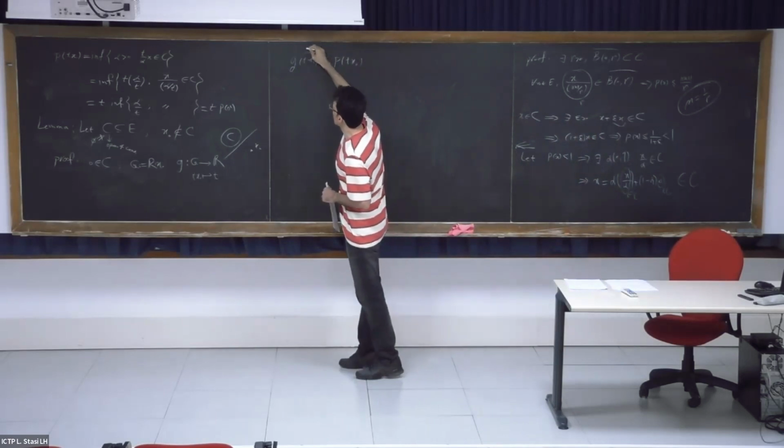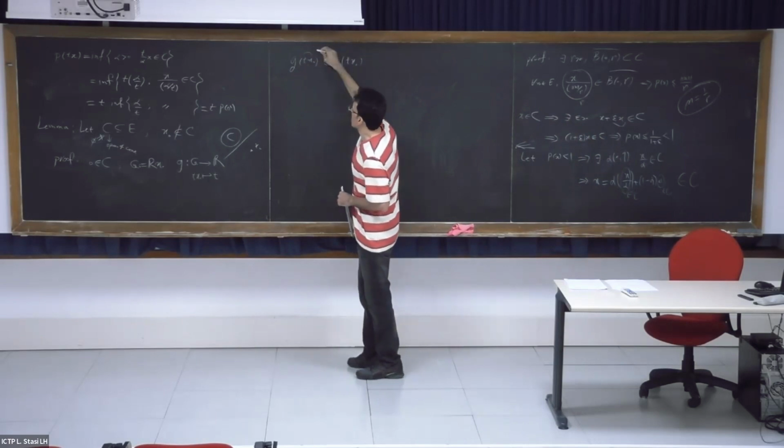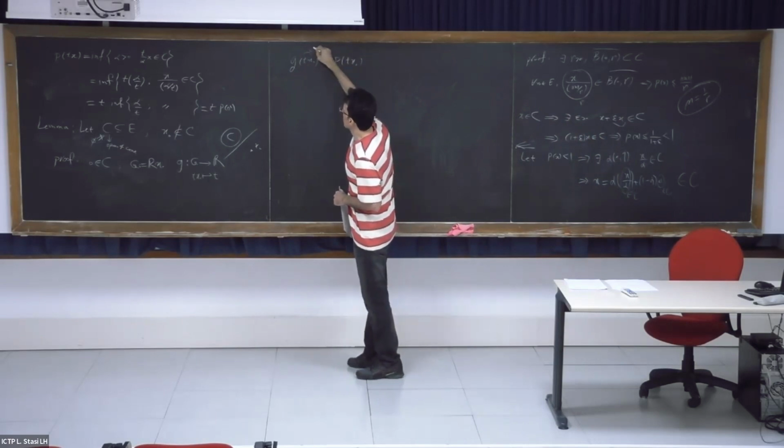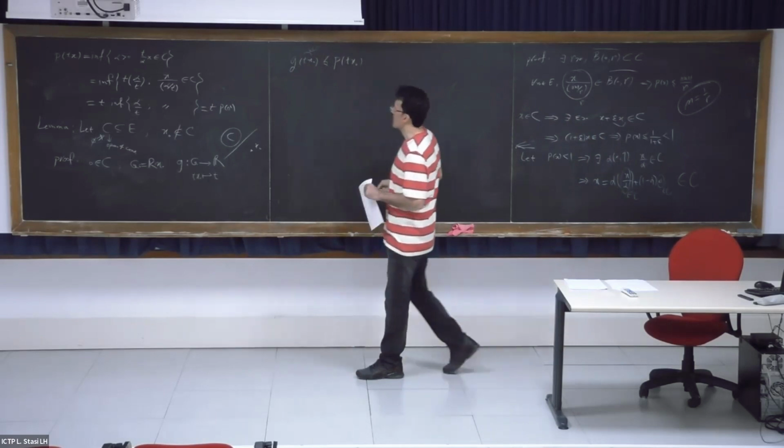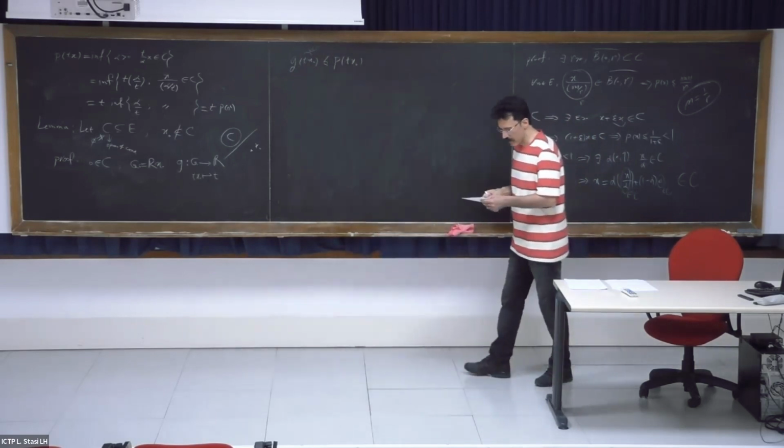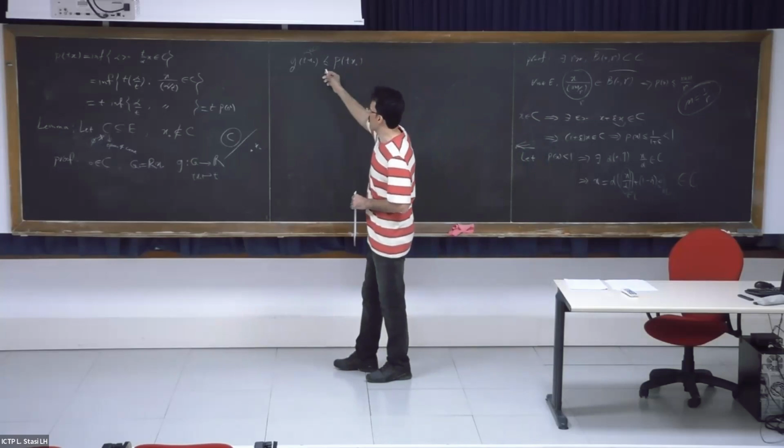This is indeed the usual element of G. This inequality is easy. We may take two cases.